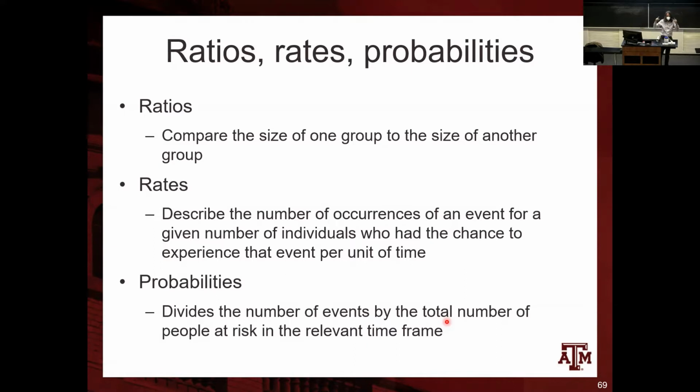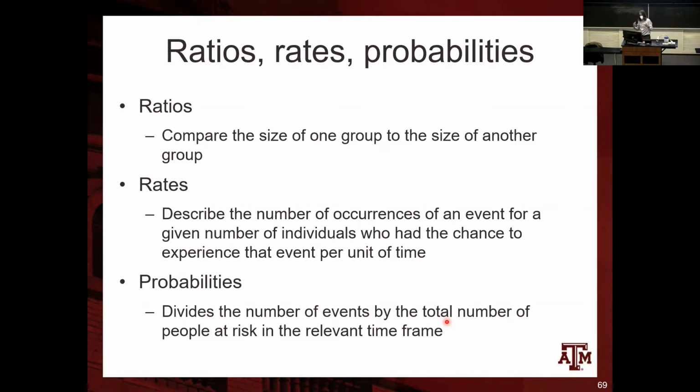So a simple way to differentiate between rates and probabilities is that for the rate, I try to get the average population that's at risk or has the chance to experience the event in the numerator. So I usually get the population in the middle of the period in my denominator. For probability, I get the population at the beginning of the period, right?